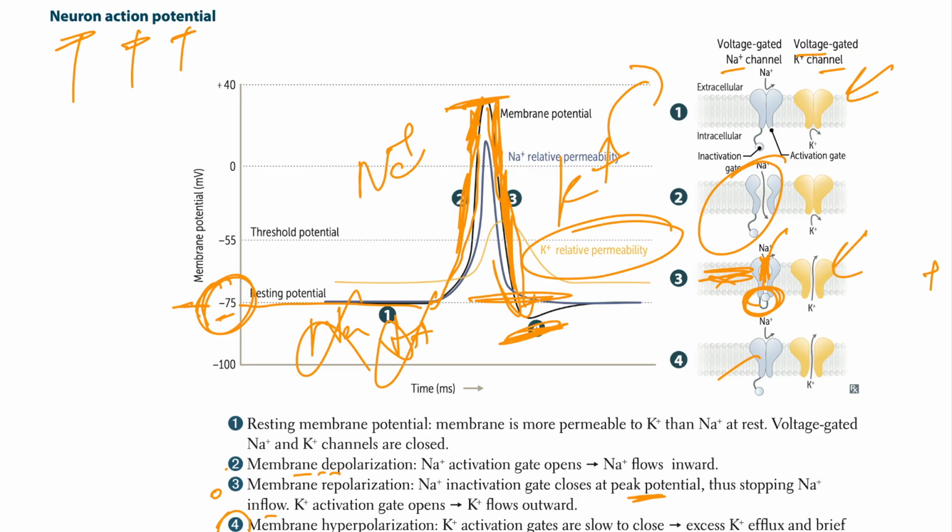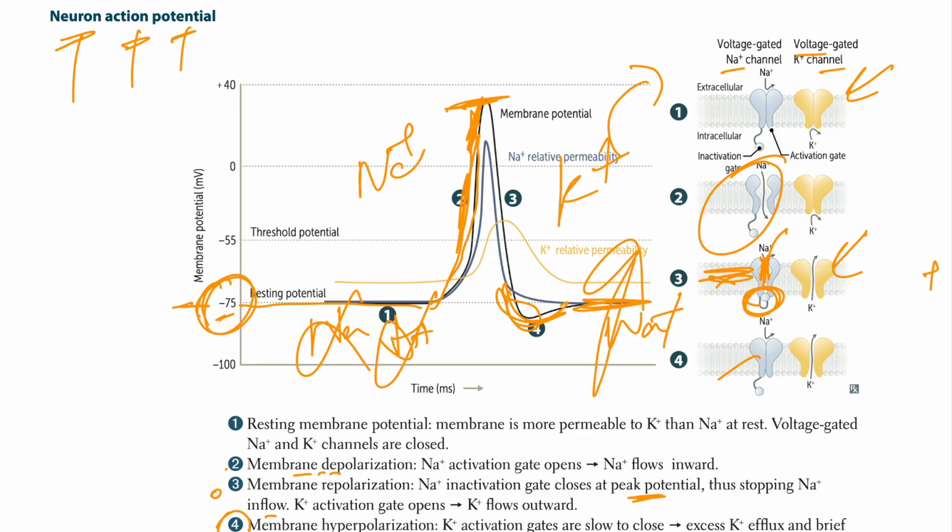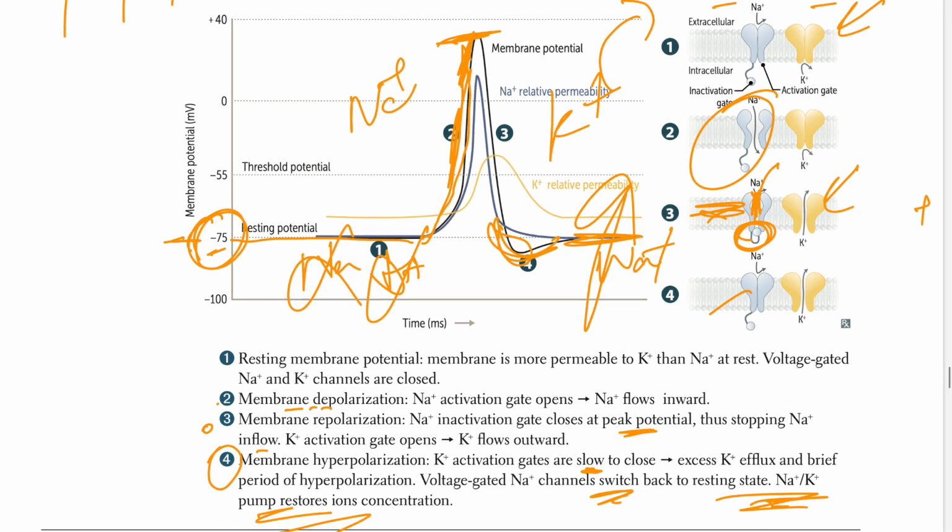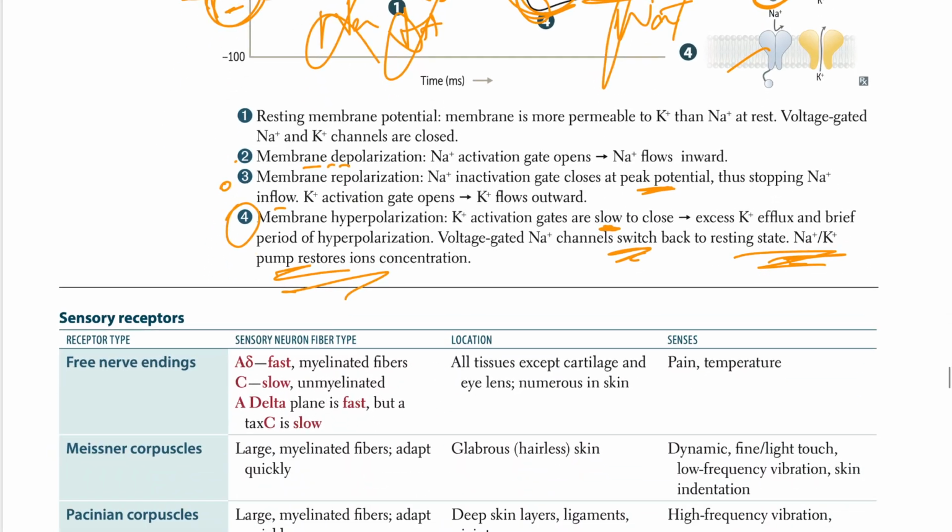Then finally, you have the sodium potassium ATPase, which fixes all these gradients and gets the neuron ready for the next action potential. And that is all for that.